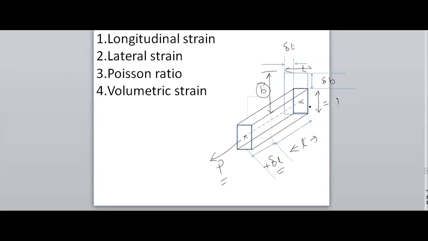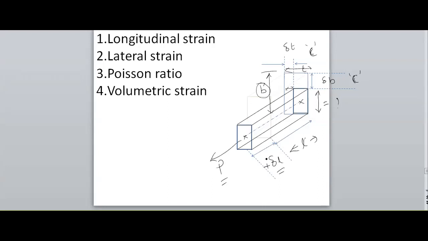While applying the load, the width is decreased, so on the width side it feels compressive. If you see the thickness also, it is decreased by delta T. That also feels compressive.